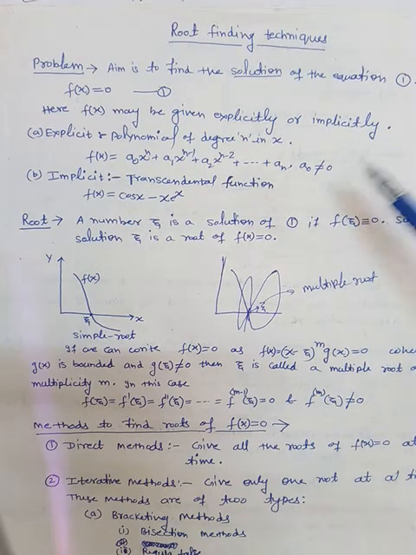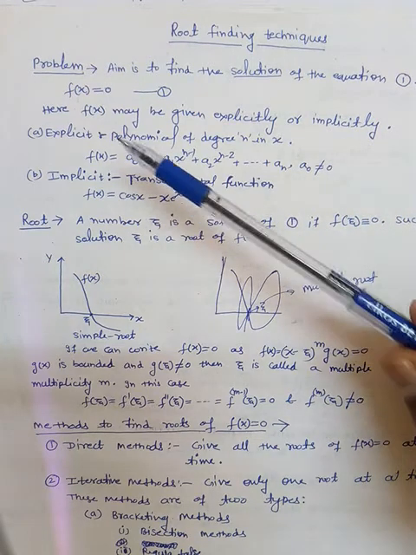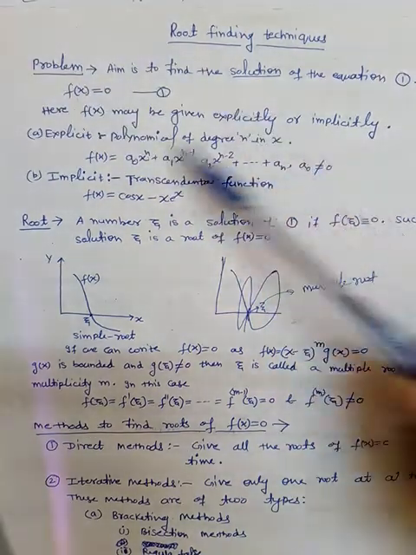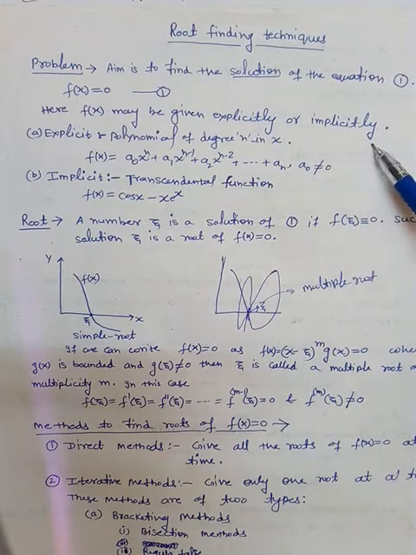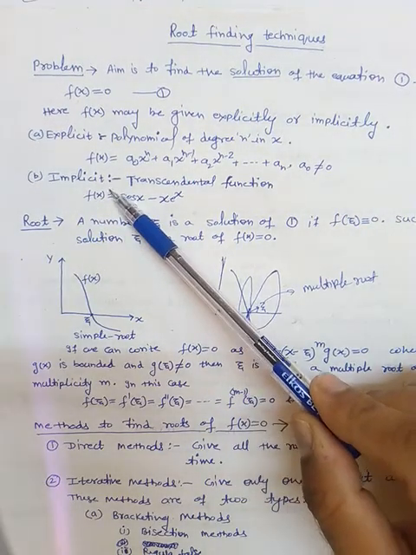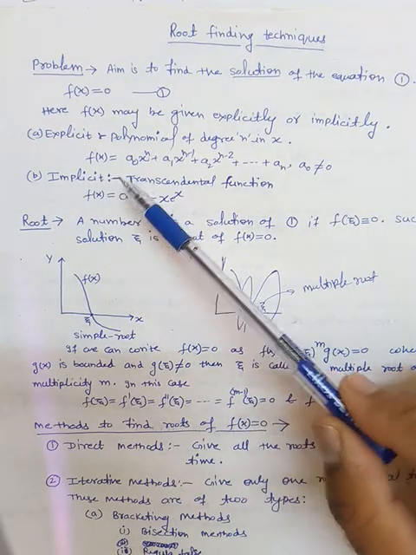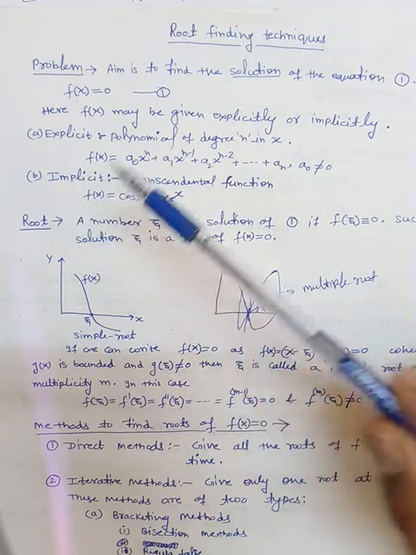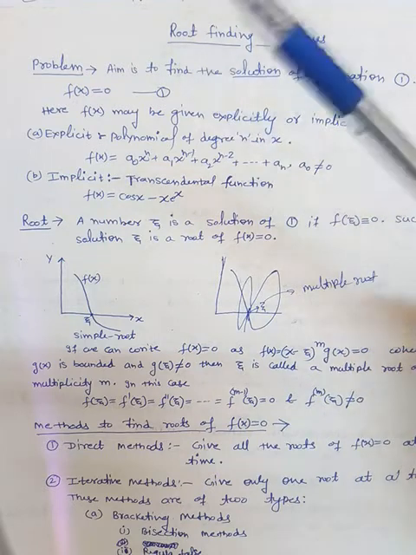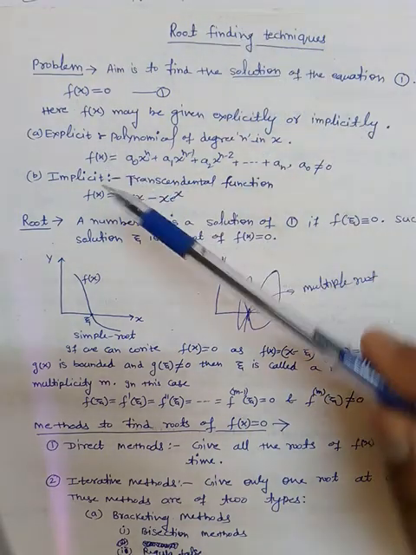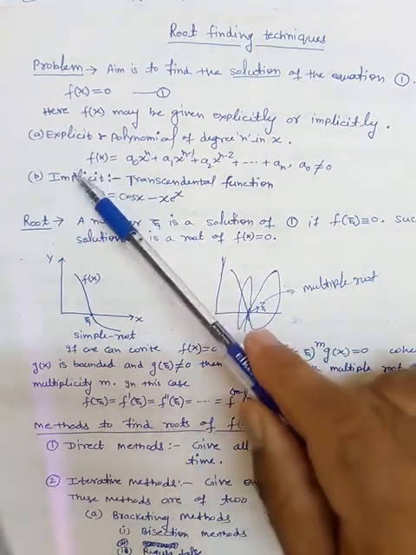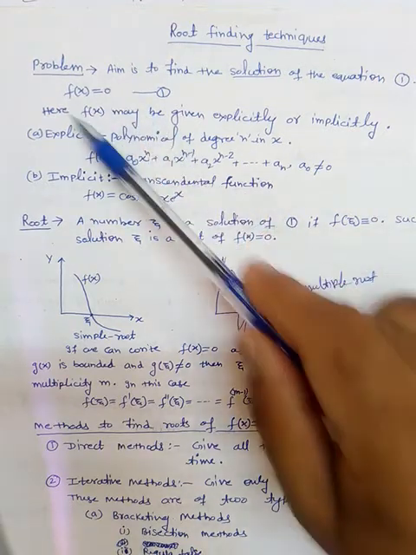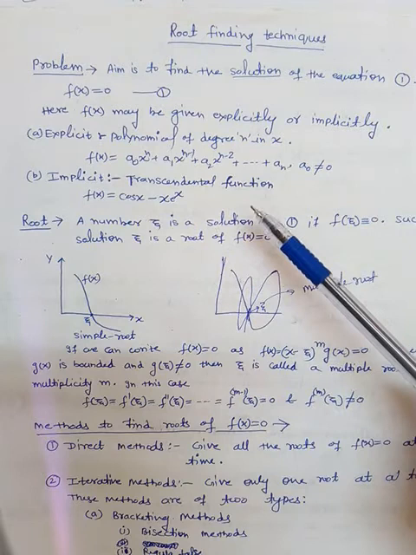But it may be possible that f of x is not a polynomial. That type of f of x is known as implicit. In this category we have different types of functions, also known as transcendental functions, and the equation is known as a transcendental equation.